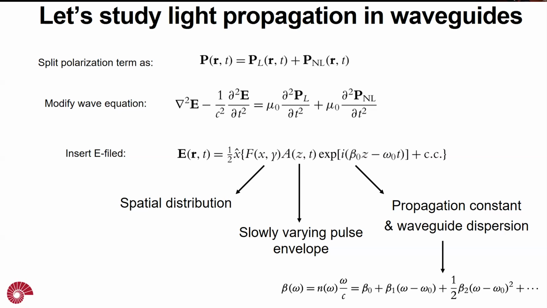It's actually nothing but the Taylor expansion of the refractive index of the medium. Okay? The refractive index is wavelength dependent, and you multiply it by the wavelength and divide by the speed of light in vacuum. When you open the Taylor expansion, you get this nice propagation constant and also the second order dispersion, third order dispersion, and you will see it causes light to spread in terms of speed, because different wavelengths have different speeds, and how much it will spread, you can get the value from there.